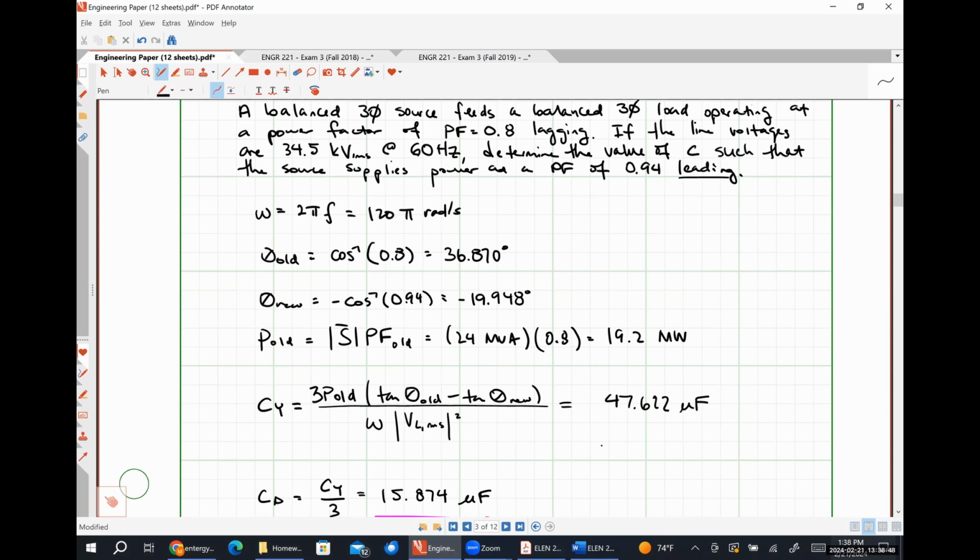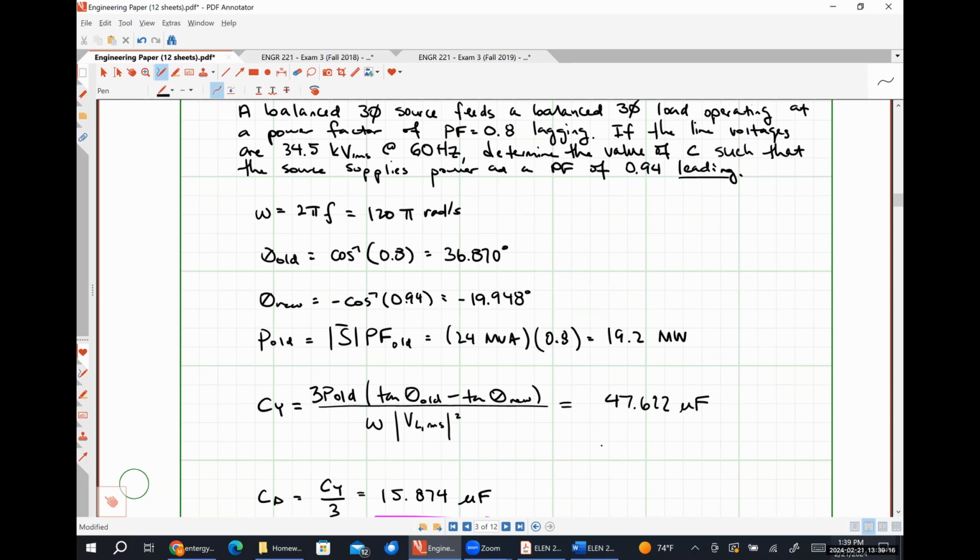Let me double check some things here. 19.2 times 10 to the 6. So that's from the megawatts. And then let me actually, so in my calculator stored as X, I have 36.869897 blah, blah, blah. Stored as Y, I have negative 19.948 blah, blah, blah, so that can be lazy.